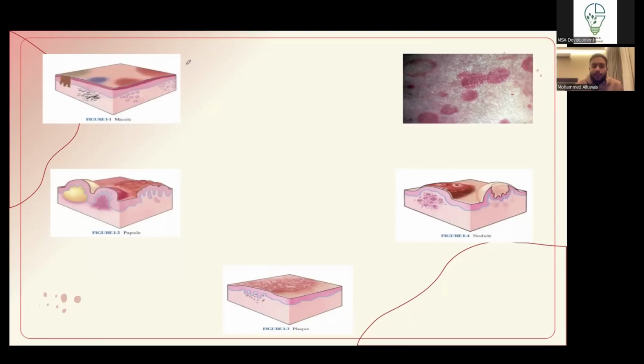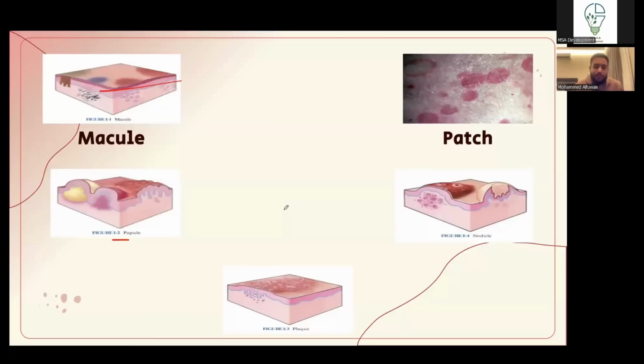First of all, if it's a flat lesion less than 5, what is this? Flat, less than 5. Macule. If it's, sorry, a flat lesion more than 5, patch. Did I say macule for the papule and plaque? I think I did. I meant nodule. Now I realize. So anyways, if you have a raised lesion that is less than 5, what is this called?